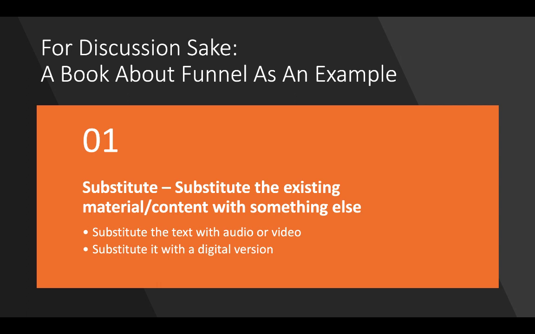Now, of course, the substitute concept here is also defined for your own product. So let's say you have a winning product. Let's say that you do have a book about funnel that is selling very well. It's your own winning product. And what you can do is that you can now use the scamper technique by applying the formula of substitute and create another quote unquote product out of your own winning product.